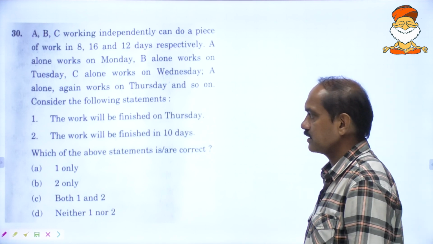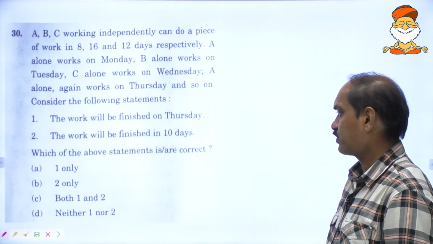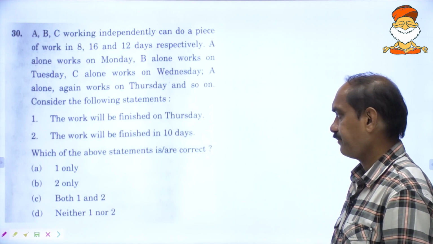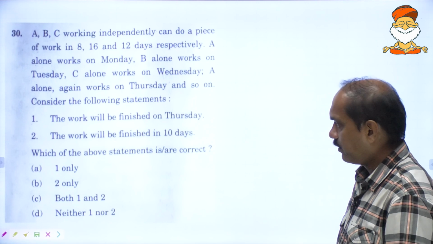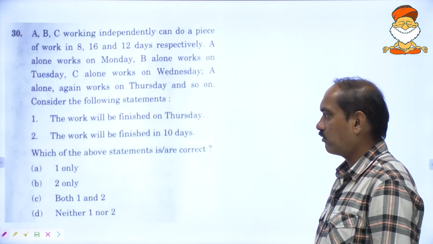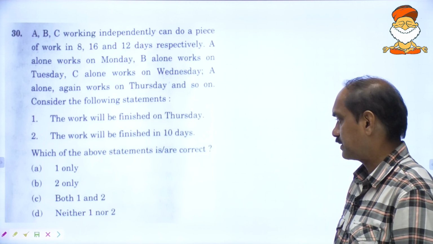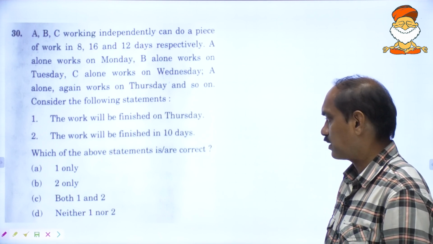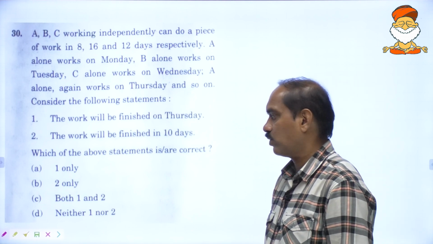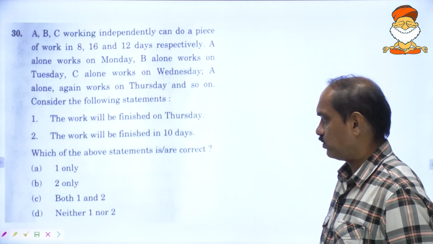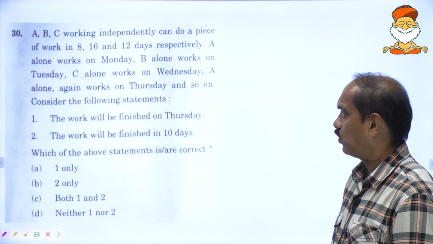Consider the following statements. Statement 1: the work will be finished on Thursday. Statement 2 says the work will be finished in 10 days. Which of the above statements is or are correct? Your options are 1 only, 2 only, both 1 and 2, neither 1 nor 2.